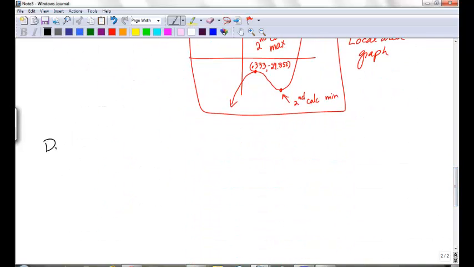Draw a complete graph of y equals 2x to the third minus x squared minus 14x minus 12.